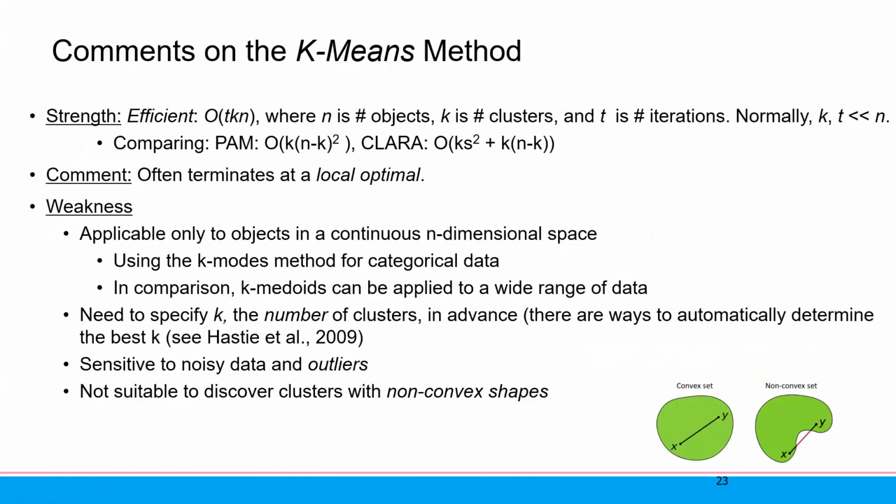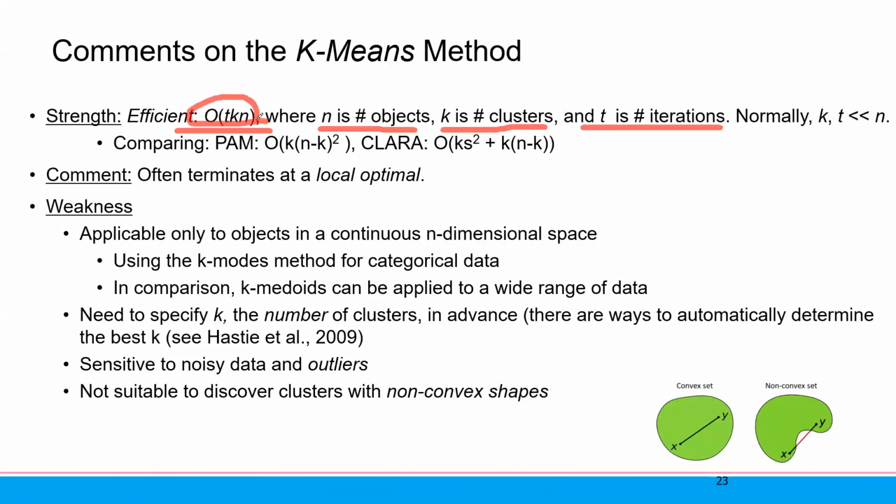We want to find the means or the average of the objects. The strength is that it is efficient. If you learn data structures, I think you know what is meant by this big O. N is the number of objects, K is the number of clusters, and T is the number of iterations.